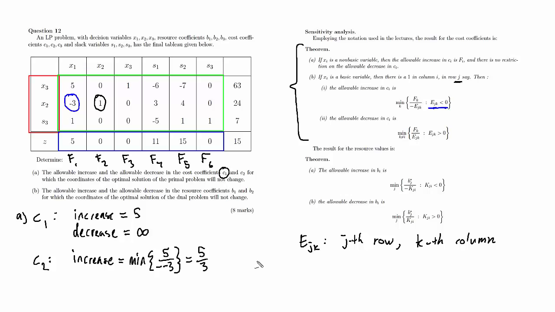For the decrease, we look at a similar set of values, instead focusing on the values of E which are positive. And this next part is important, we only look at the values for which k is not equal to i. This means that we explicitly exclude this value here from being considered.